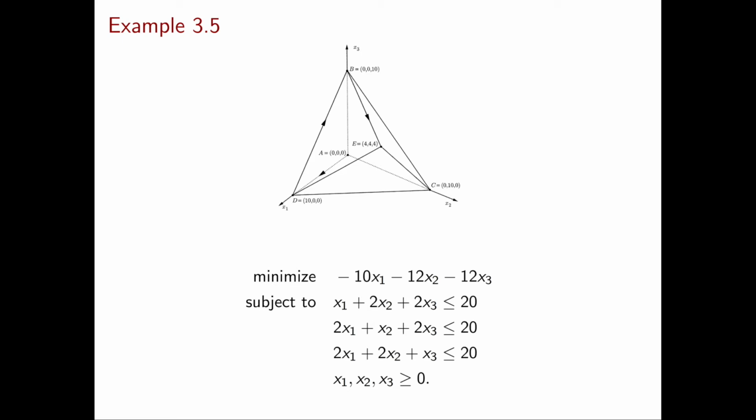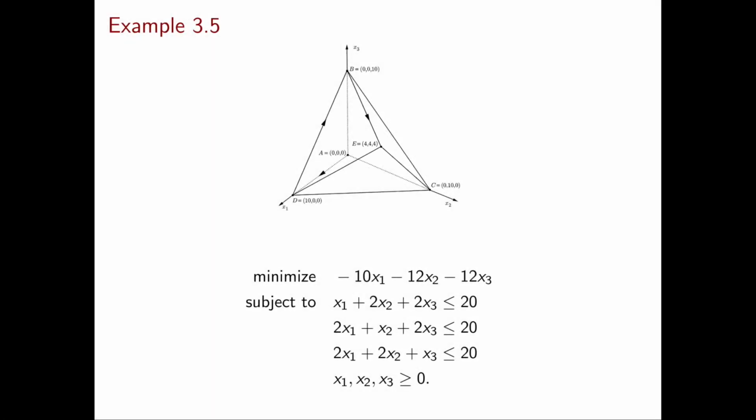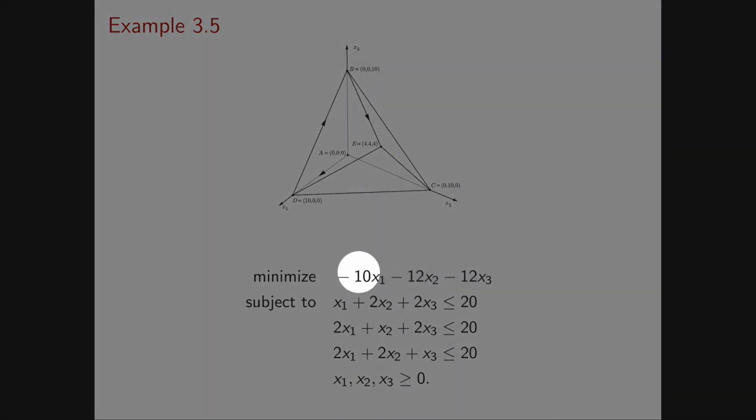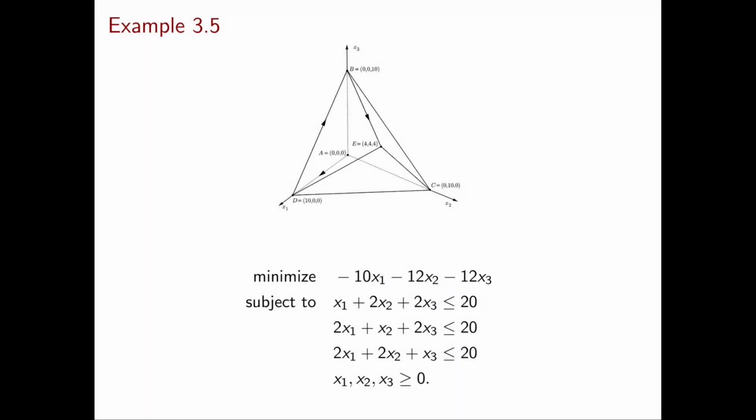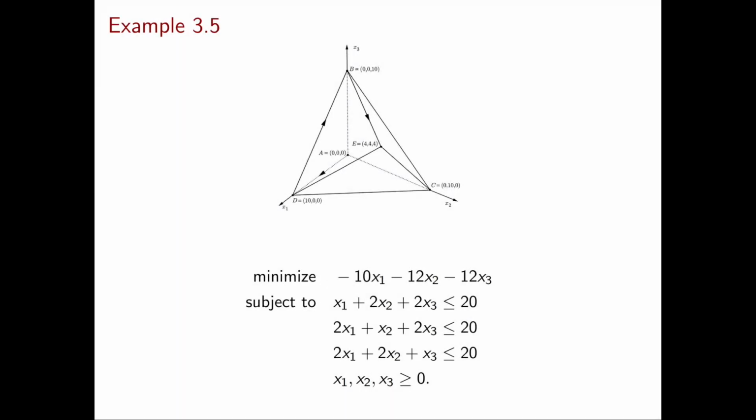In particular, we are able to understand that the vertices of this polyhedron are the origin, then the three vectors (10, 0, 0), (0, 10, 0), and (0, 0, 10), and finally the vertex (4, 4, 4). By visualizing the objective function as well, it's easy to guess that the optimal solution is the vector (4, 4, 4). Now in this example, we will fully solve this linear programming problem using the full tableau implementation.